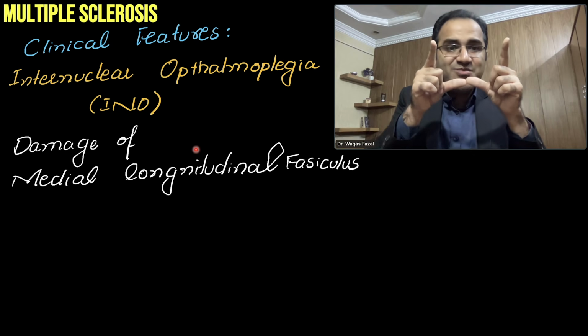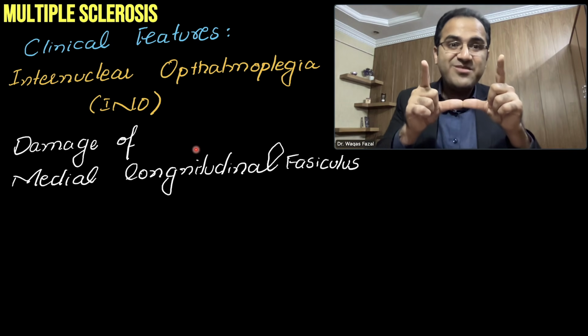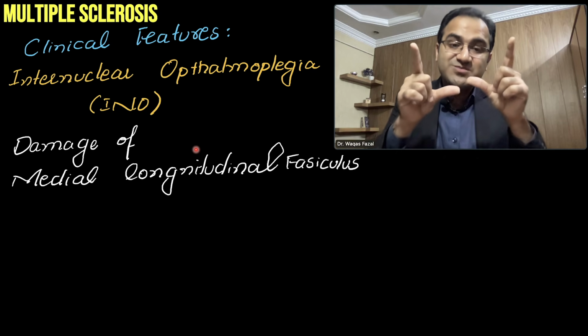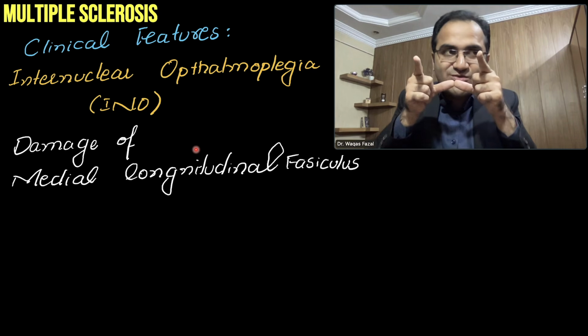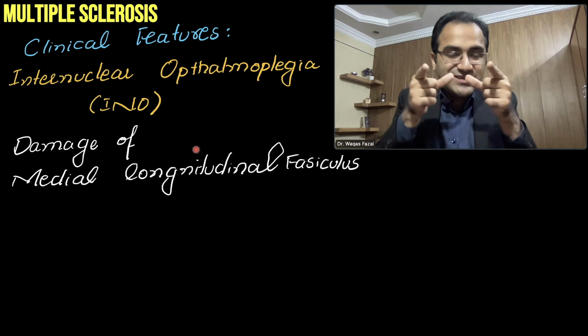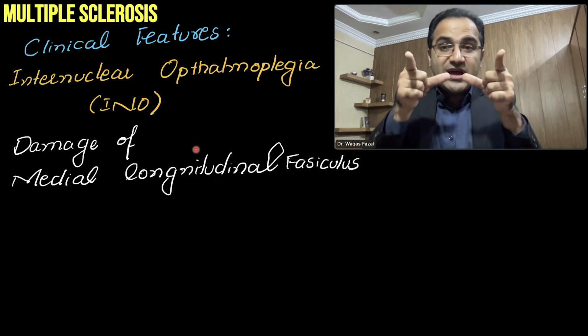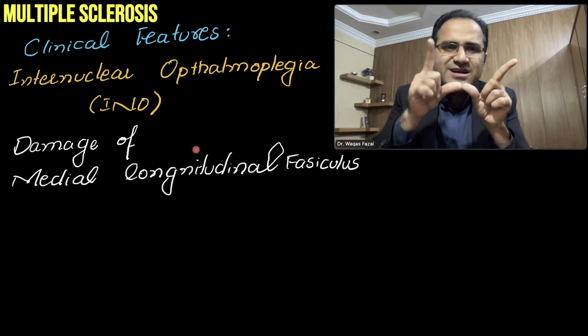But what if this bundle, the medial longitudinal fasciculus, is injured, inflamed? In multiple sclerosis, this medial longitudinal fasciculus gets damaged, and when the right eye wants to move to the right side, the left eye will not receive a proper signal. So basically what happens in internuclear ophthalmoplegia is that when the right eye wants to look to the right side, the left eye does not get a proper signal.